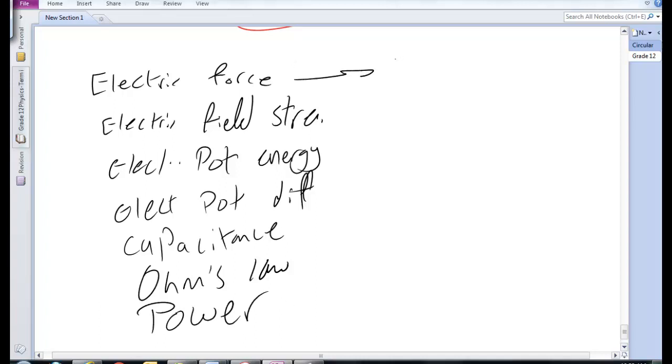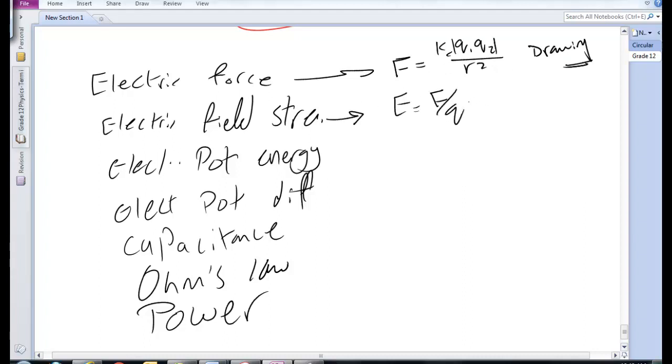Electric force is mentioned to be F, which is equal to Kc Q1 Q2 over R squared, and this comes in the drawing part. And electric field strength is E, which is equal to F over Q, and this comes in the word problems, but the part which is related to Kc Q over R squared comes also in the drawing part.